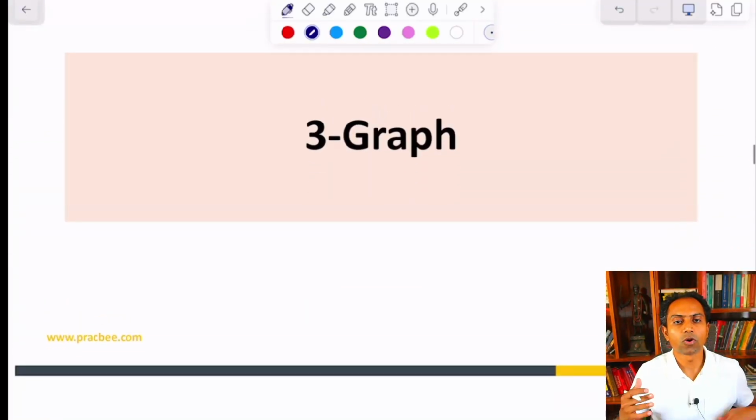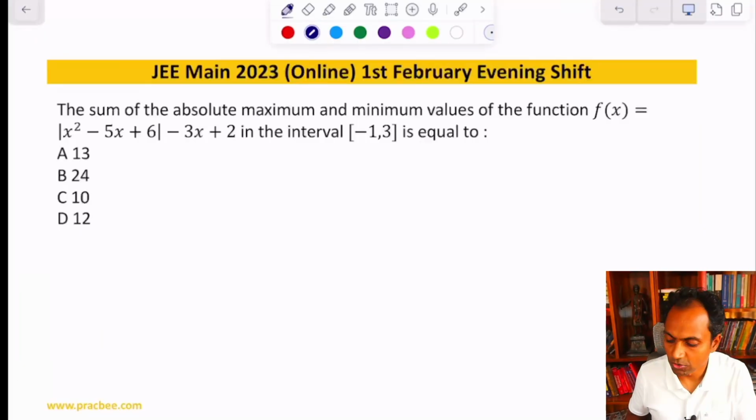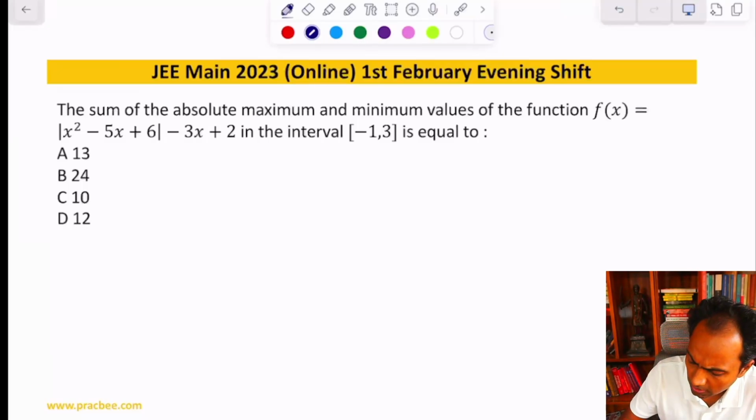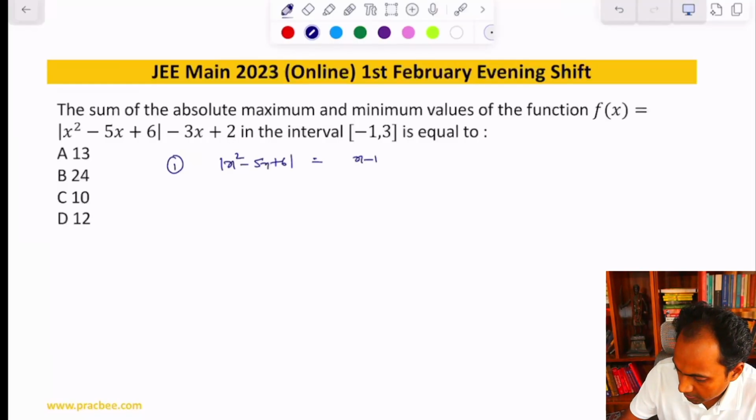Now let us move down to the third technique, that is using graphs to solve problems based on range. If I look into this 2023 question, it says to find the absolute sum of the maximum and minimum value of this function in minus 1 to 3. So we'll solve this using a graph. Now in the first step, x square minus 5x plus 6 modulus can be written as mod of x minus 2 into x minus 3.